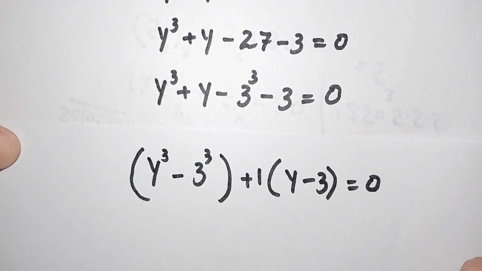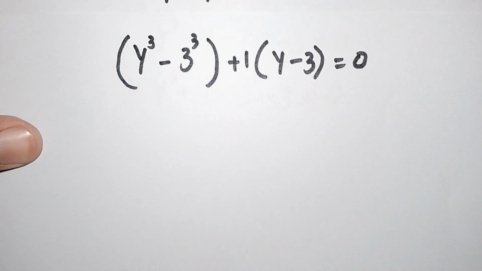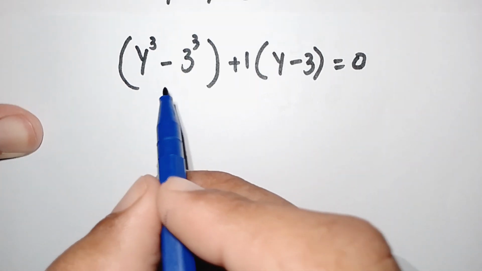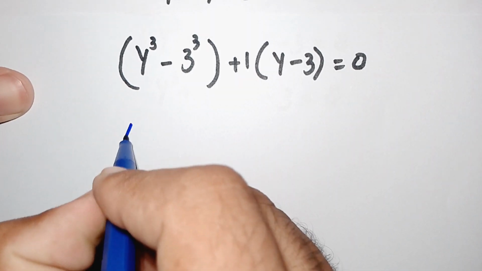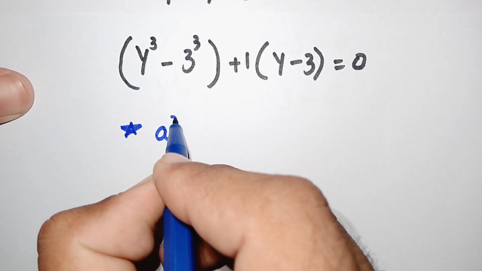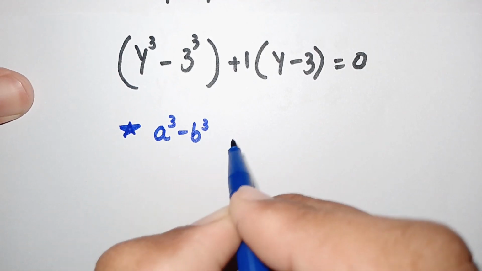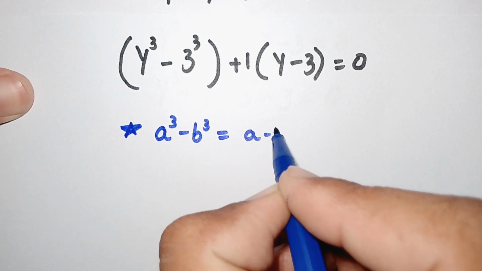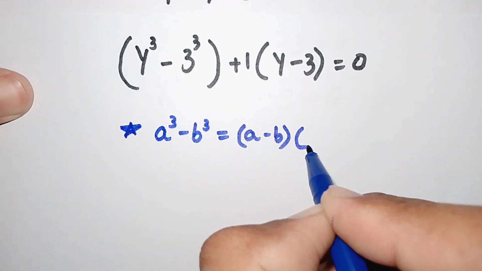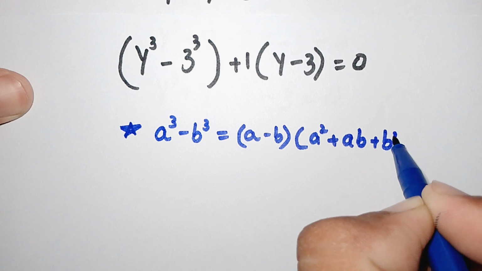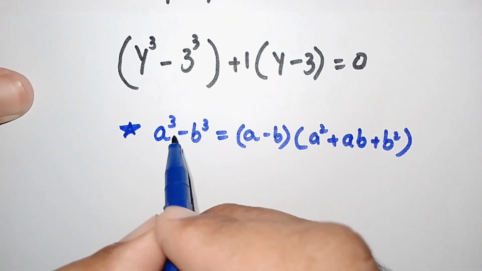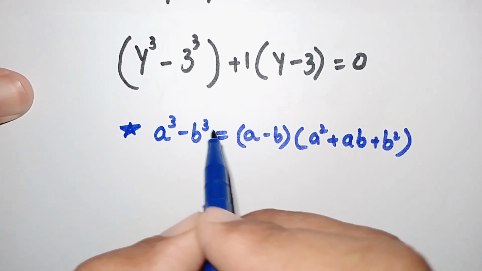Now, in the next step, to solve this, we have to use this identity, that is a to the power of 3 minus b to the power of 3, which is equal to a minus b times a square plus ab plus b square. So here we have to apply this identity for this.